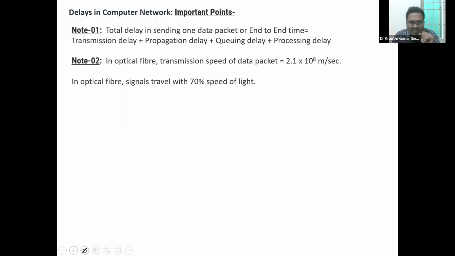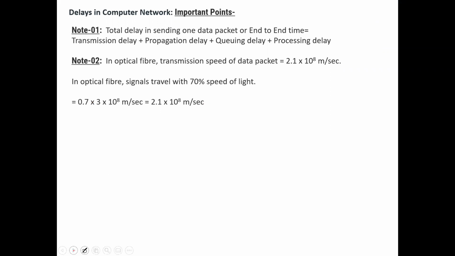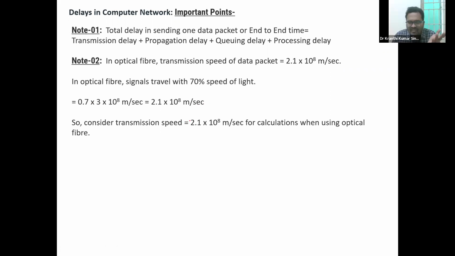It doesn't utilize all the 100%. That's why we got 2.1 into 10 power 8. Do you understand this? Yes. Right. So in general, if the transmission medium is optical fiber, it is constant. If your problem mentions that you're utilizing 100%, then we go with 3 into 10 power 8. If it doesn't mention anything, go with this one.